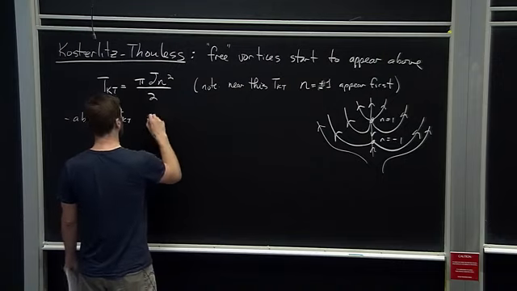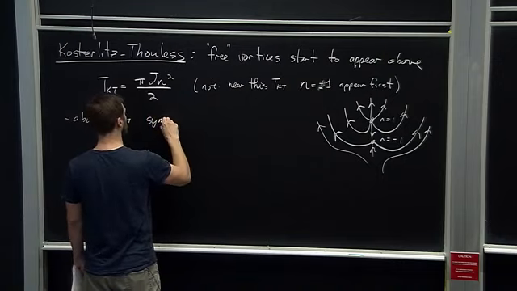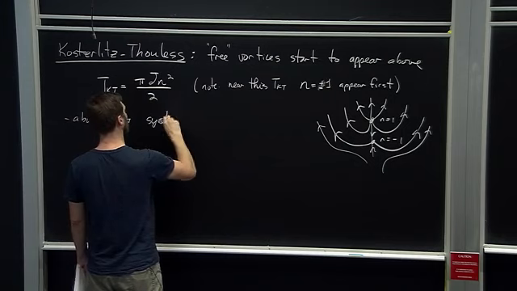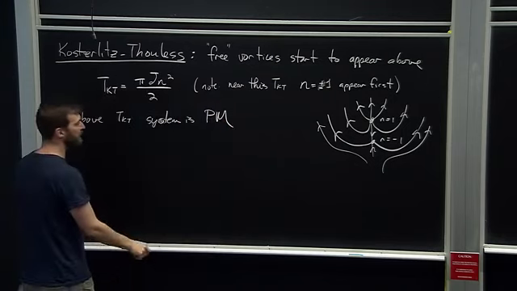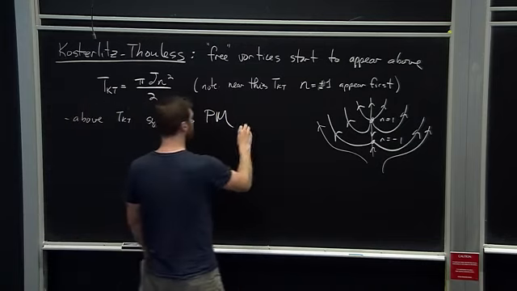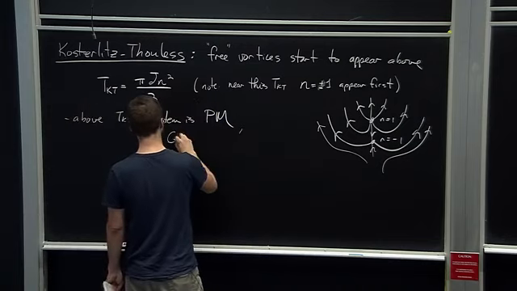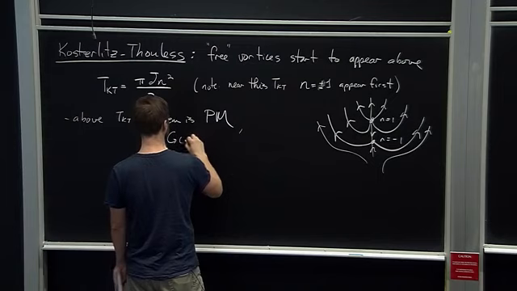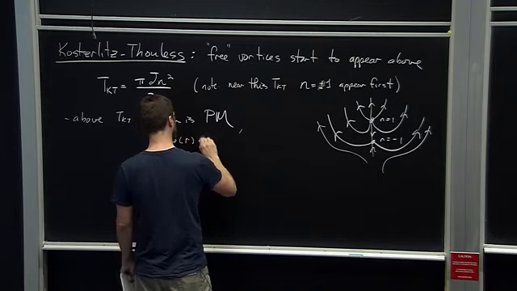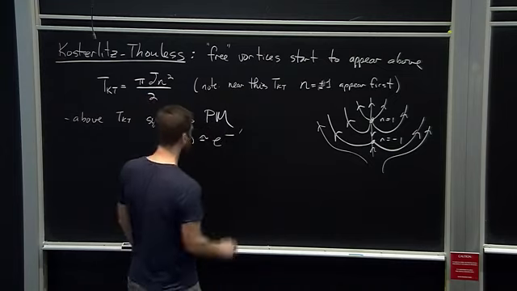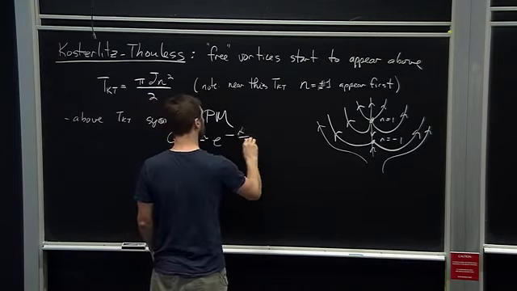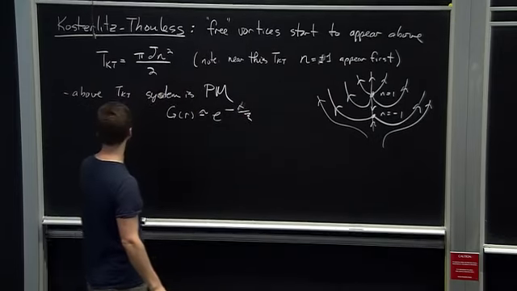So the system is a paramagnetic phase with an exponentially decaying correlation function, g of r.